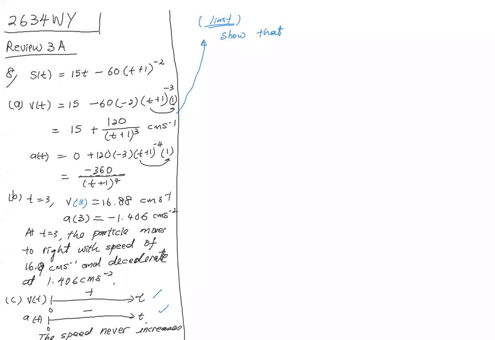Faster, I'm waiting. Show that the particle always moves to the right. I can say, show that the particle always moves to the right, but that is not the sense of limit. That is one possible question.